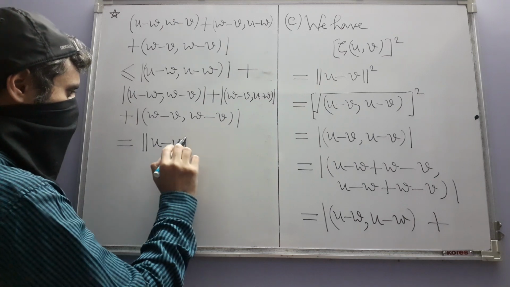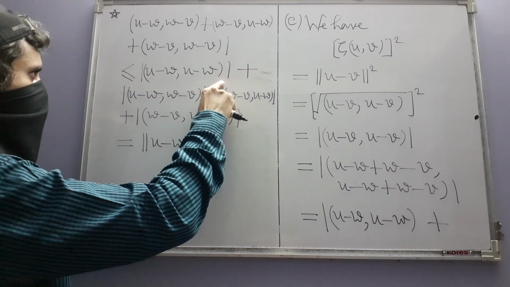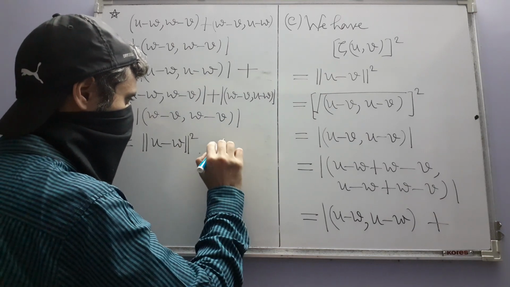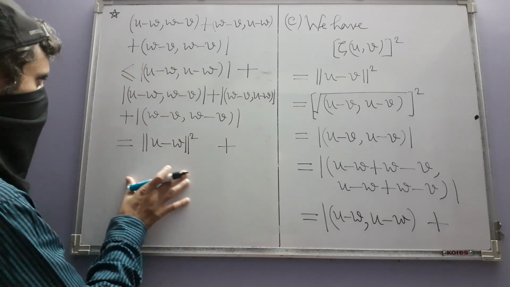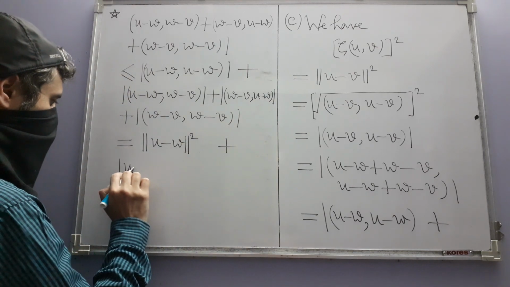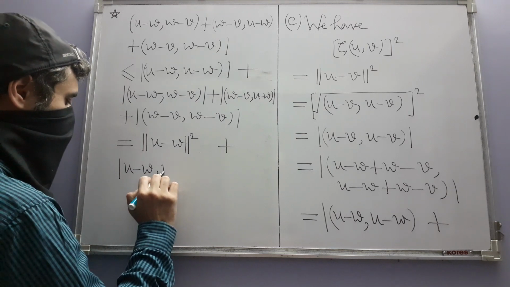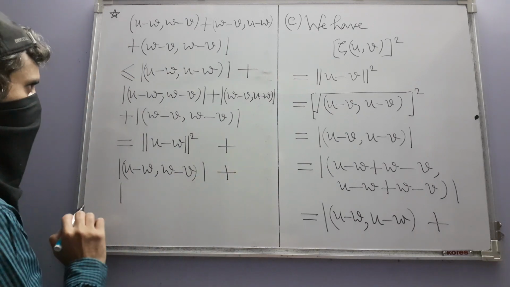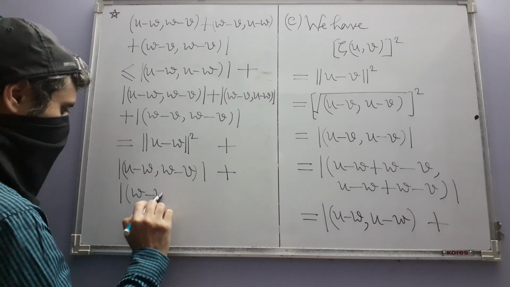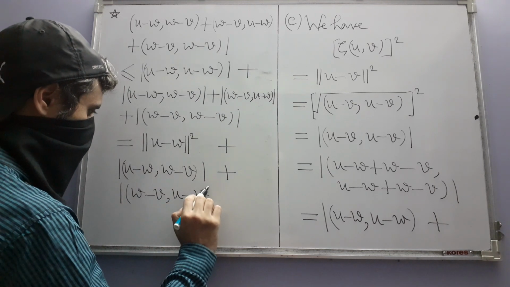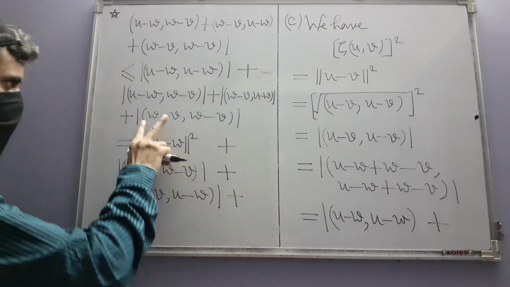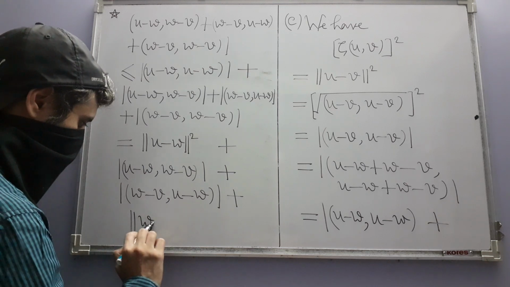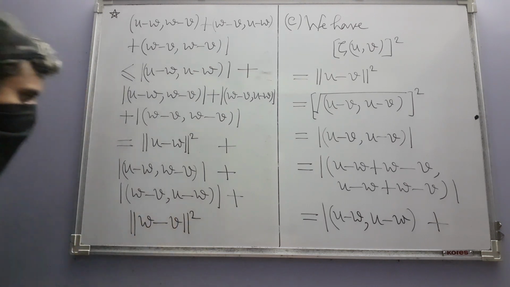The norm of u minus w square, which is this thing, plus, well, there is no need to write in this short space, we can write in the next line, u minus w comma w minus v plus w minus v comma u minus w plus. So here also, because the vectors are the same, this will be the square of the norm of w minus v.